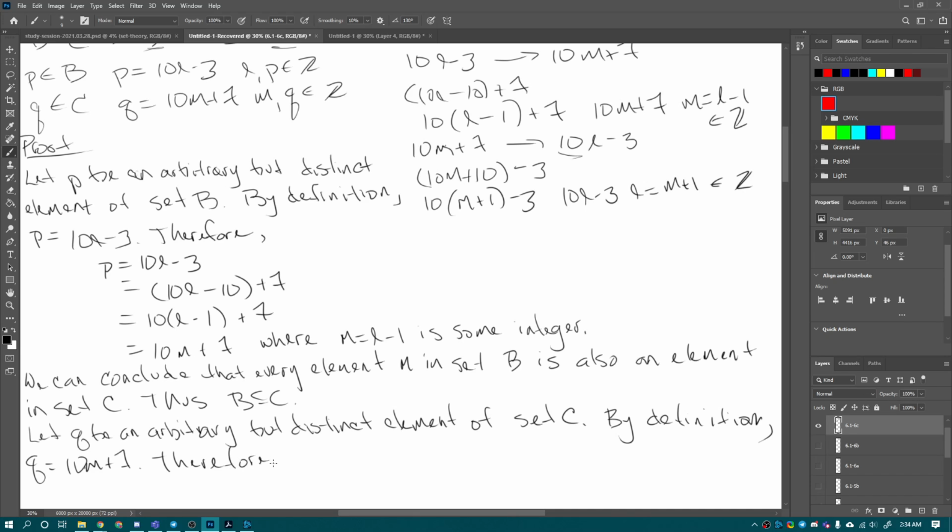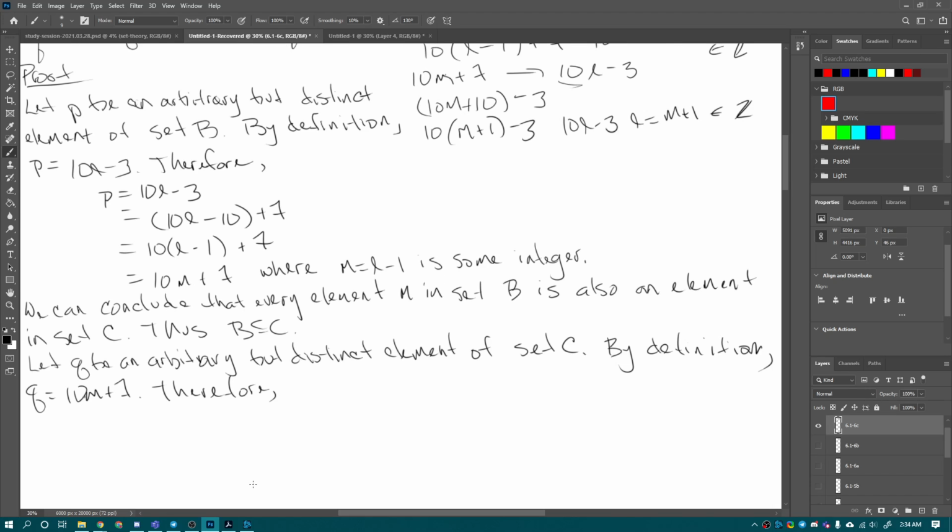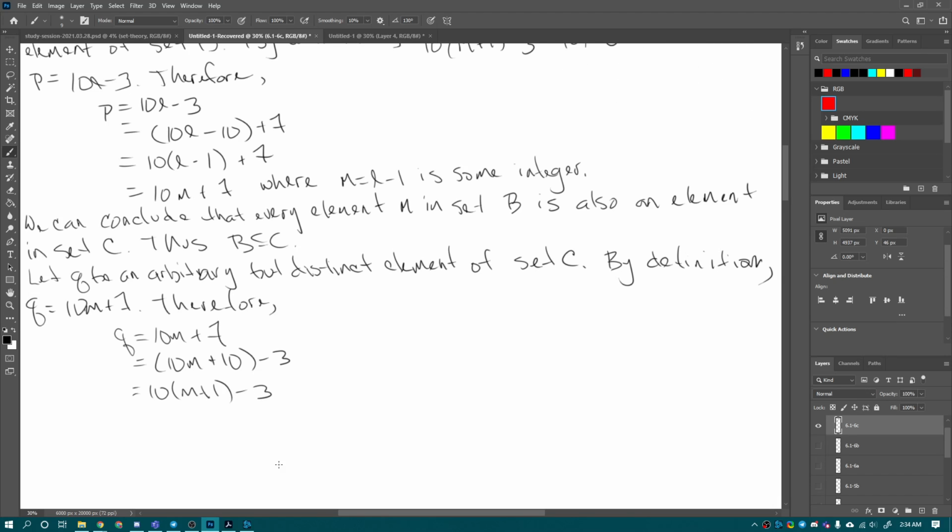Therefore, Q is equal to 10M plus 7, which is equal to the quantity 10M plus 10 minus 3, which is equal to 10 times M plus 1 minus 3, which is equal to 10L minus 3, where L is equal to M plus 1 is some integer.